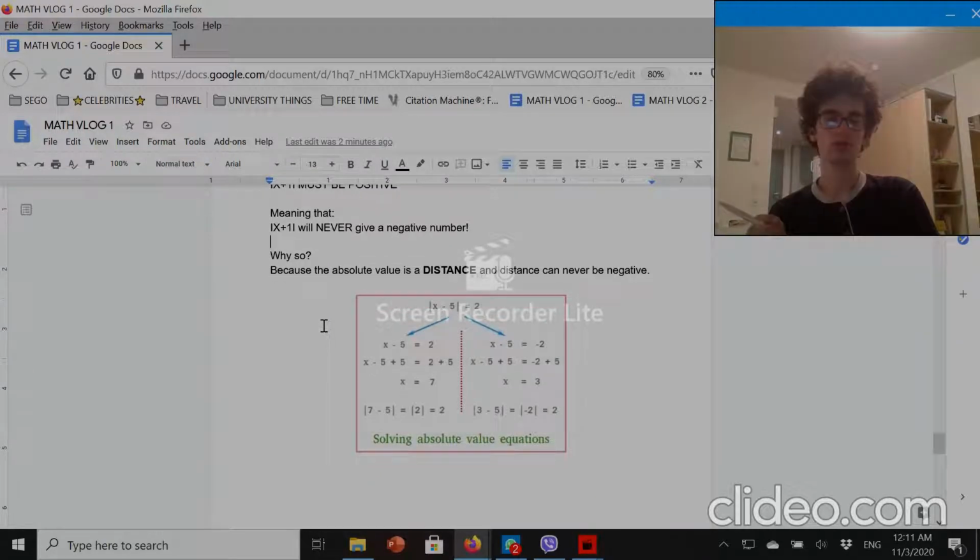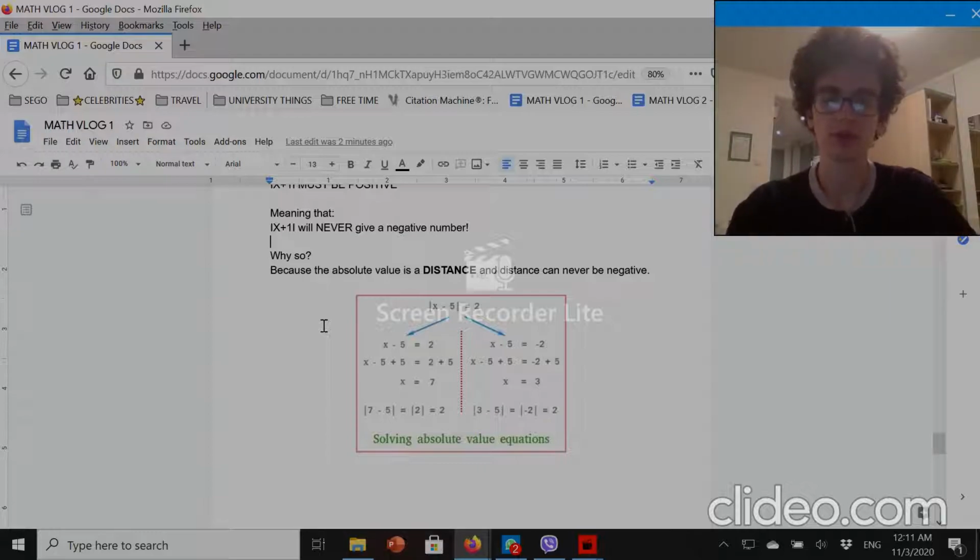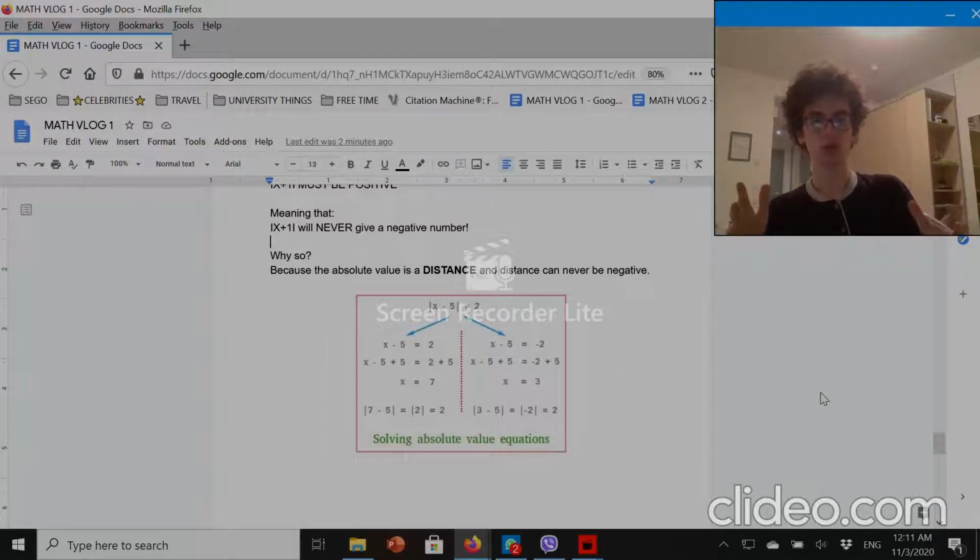And now I will show you a really simple exercise on how to solve it. When you have absolute value, you are basically separating it into two different equations, so you will have two different answers for x or any number that you're looking for.